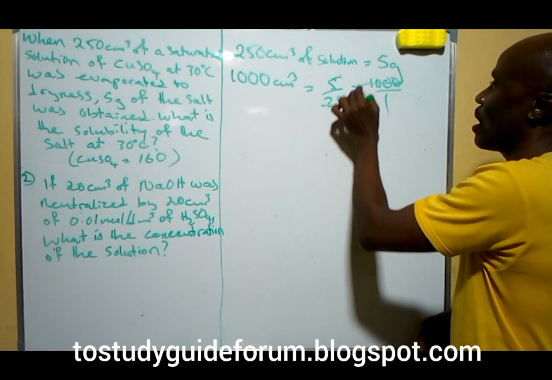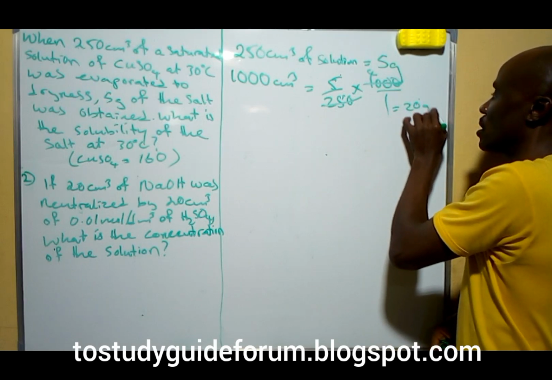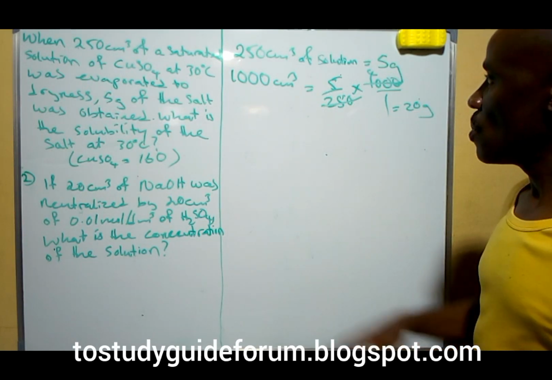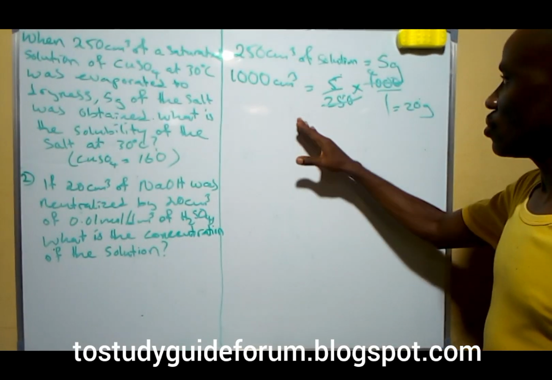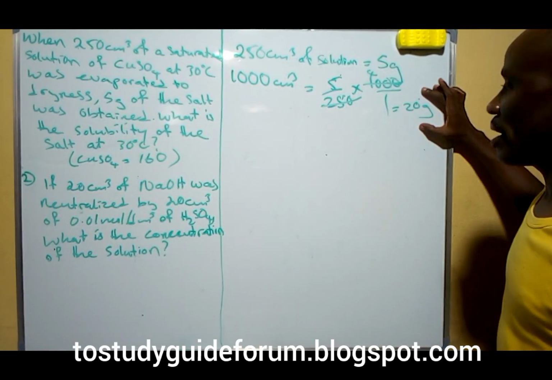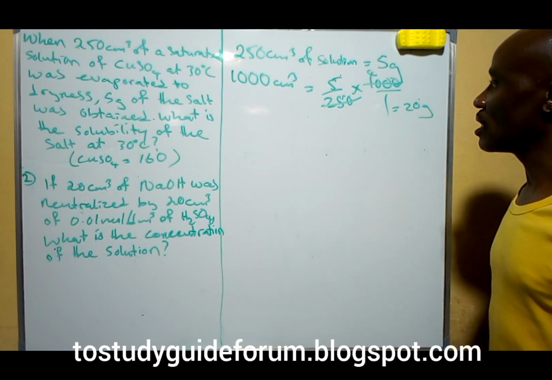This gives 4 times 5, which is 20 grams. That means 1 dm³ or 1000 cm³ of that solution is saturated by 20 grams of copper sulfate.